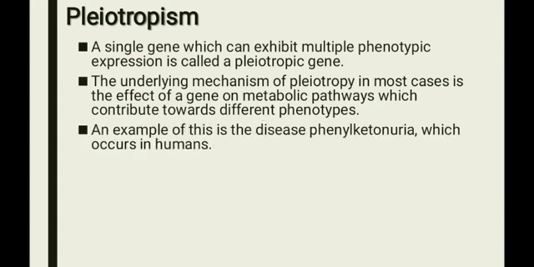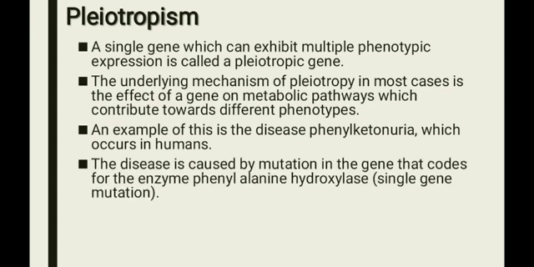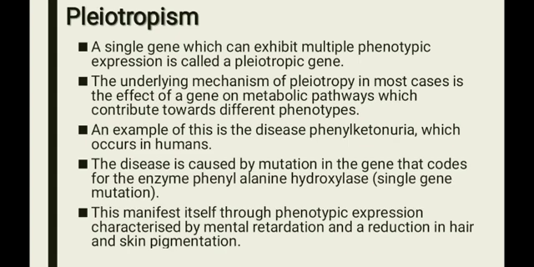Example for this is the disease phenylketonuria which occurs in humans. The disease is caused by mutation in the gene that codes for the enzyme phenylalanine hydroxylase. This manifests itself through phenotypic expression characterized by mental retardation and a reduction in hair and skin pigmentation.